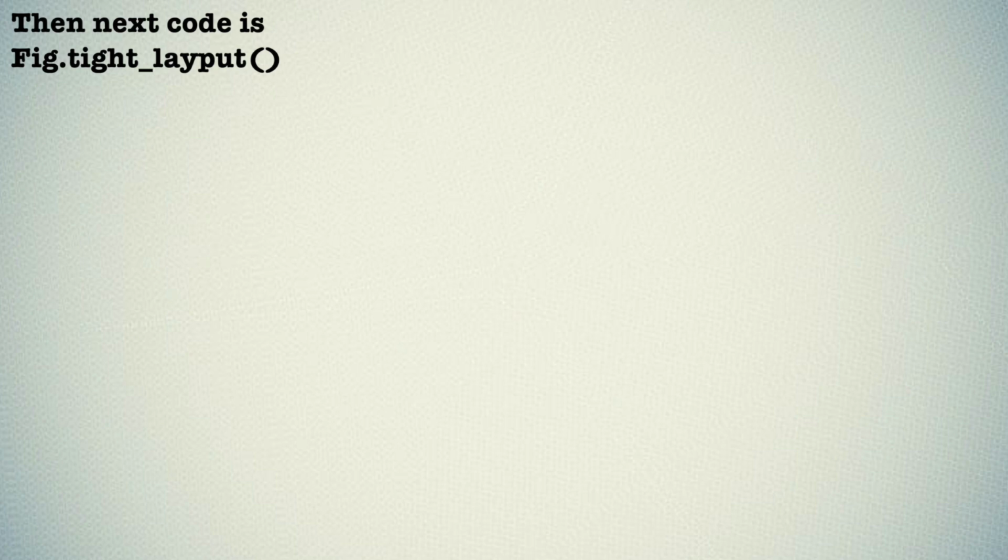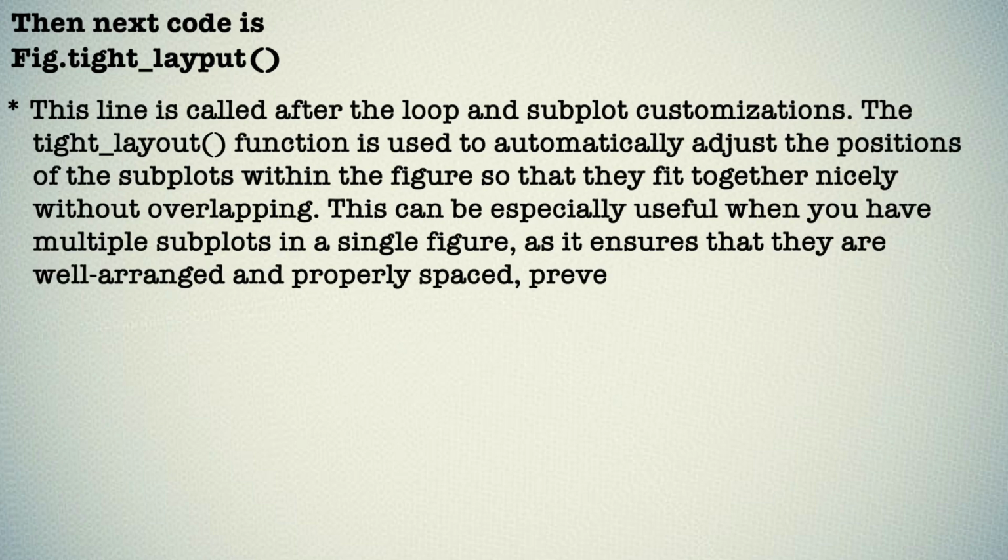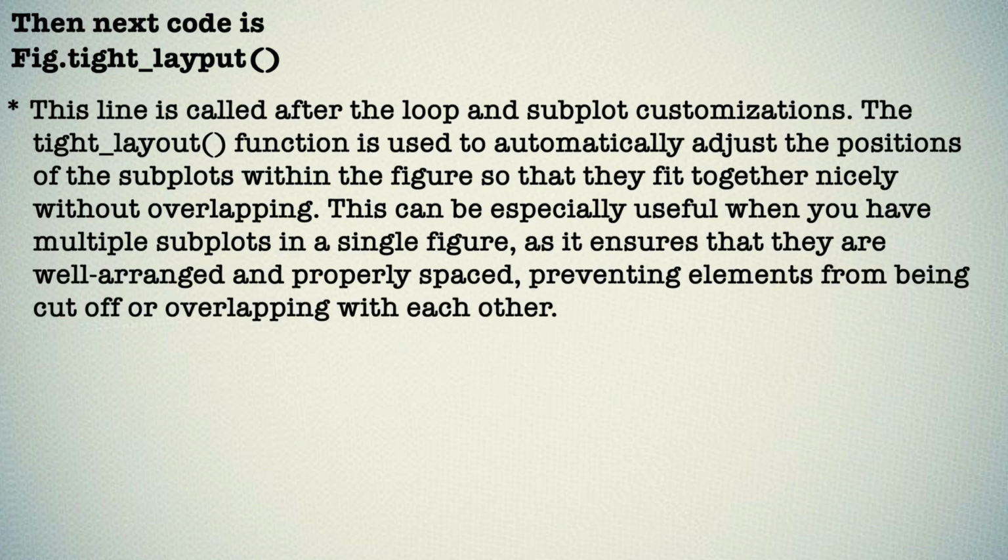The next code is fig.tight_layout. This line is called after the loop and subplot customization. The function is used to automatically adjust the position of subplots within the figure so that they fit together nicely without overlapping.